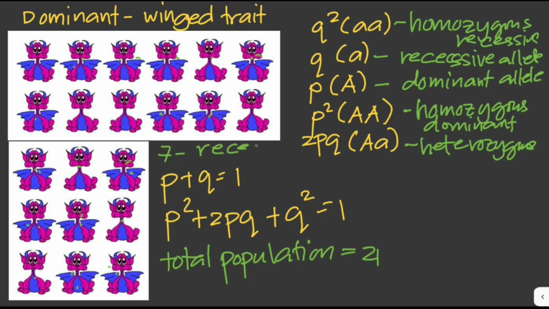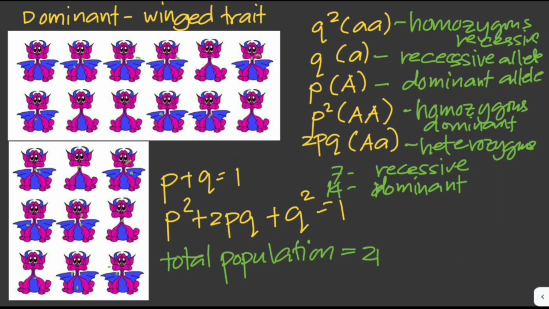Of course, that one will be a recessive. 7 non-winged recessive, and then the dominant or the winged trait is 14. This is the dominant.